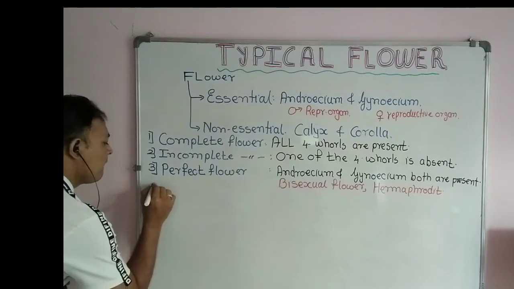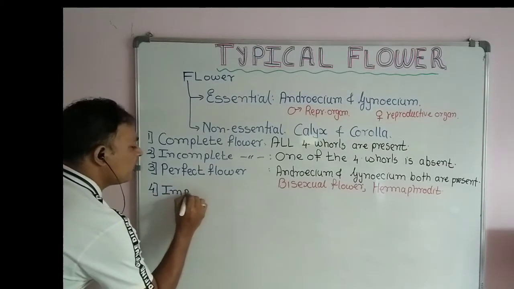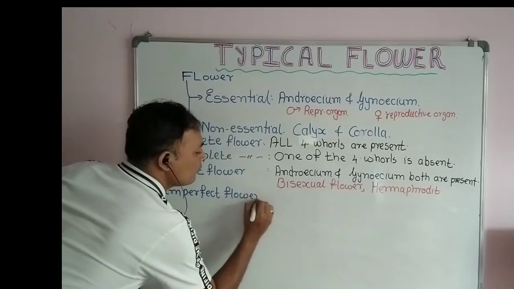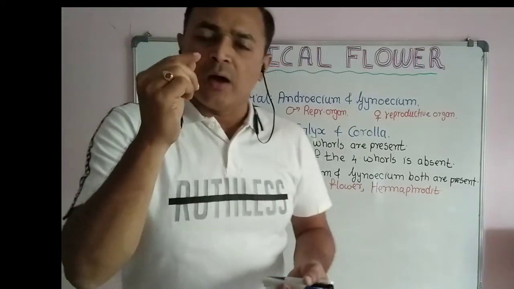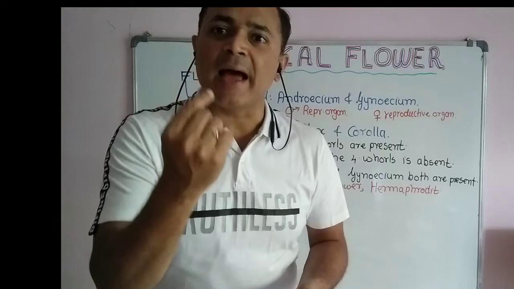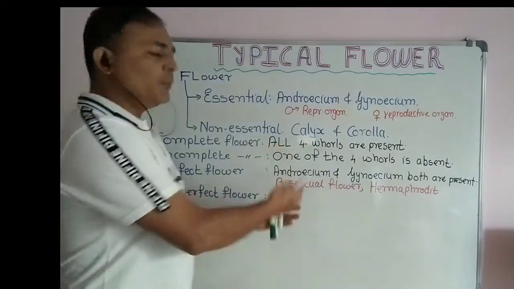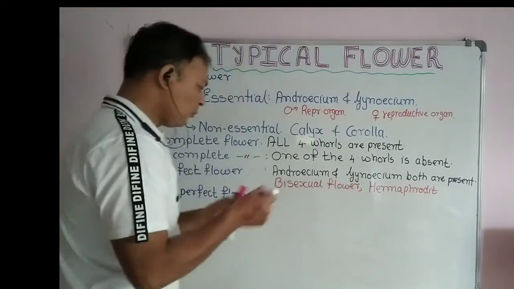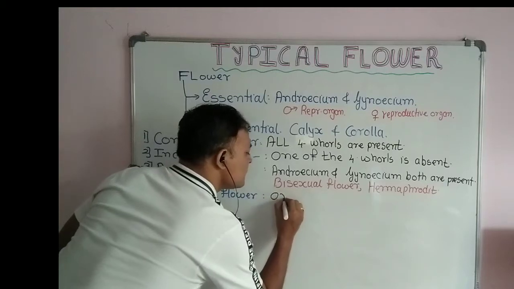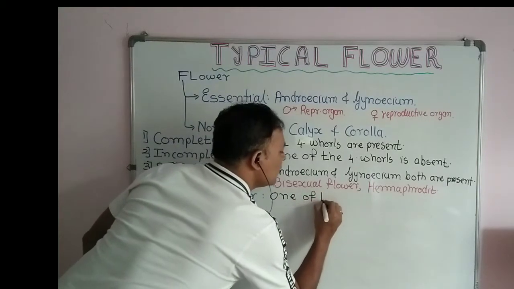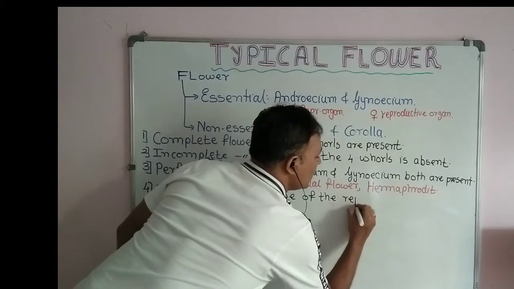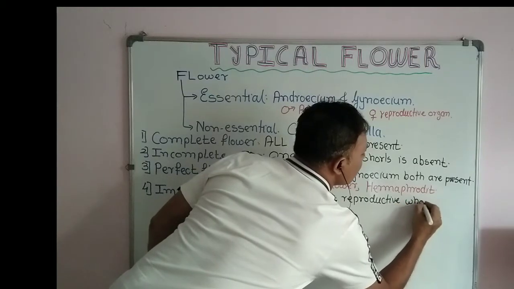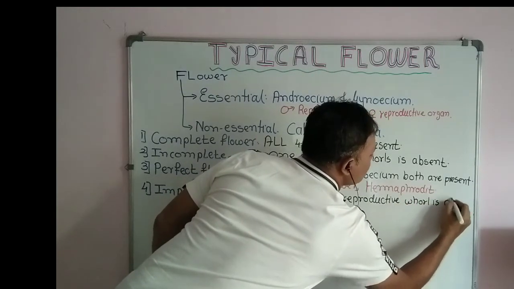The fourth, imperfect flower, means one of the reproductive whorls is absent. It could be either androecium absent or it could be gynoecium which is absent. One of the reproductive whorls is absent.